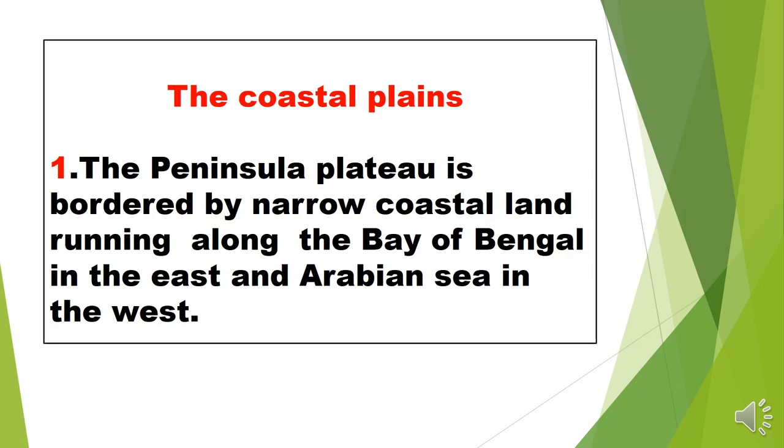The next landform is the coastal plain. Coastal means those areas lying near the ocean, and the peninsula plateau is bordered by a narrow coastal land, running along the Bay of Bengal in the east and the Arabian Sea in the west.